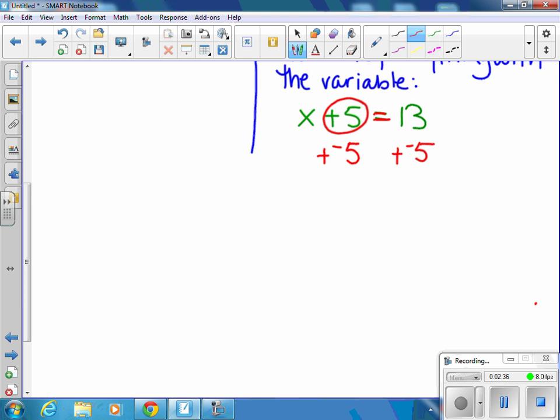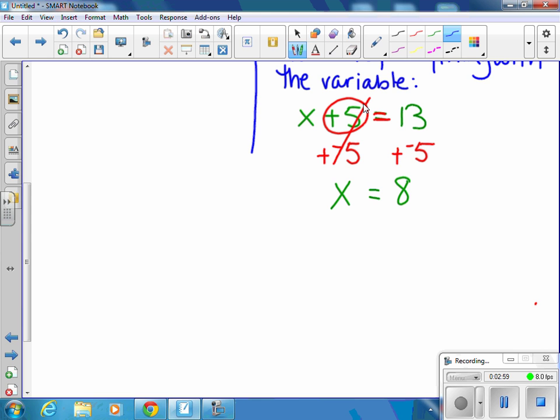Again, as we were talking, this right here, additive inverse, they cancel out. So they're gone. Plus 5 plus a negative 5 gives me x all by itself, because that's 0 there. So that gives me x equals. Now I have 13 plus a negative 5. That's going to give me 8.